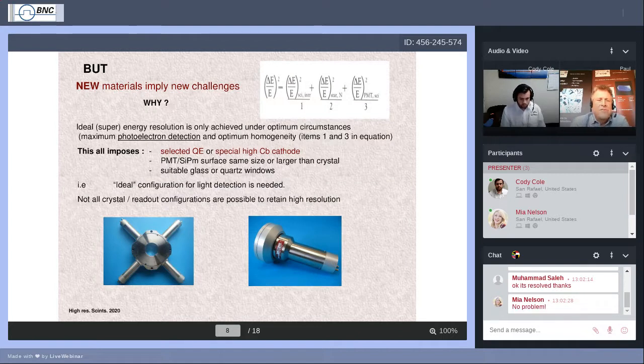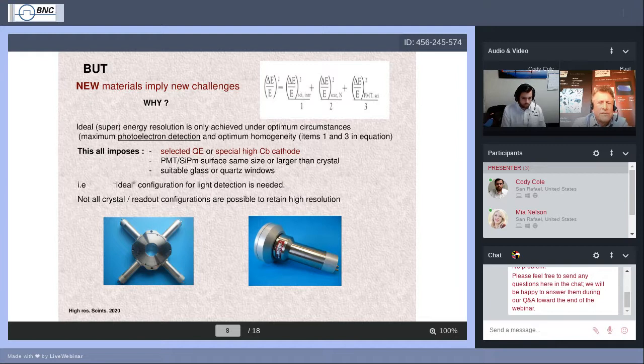Now, the interesting thing is that new materials, like these new scintillators, imply new challenges. Why is this? I'll show you the equation again. Because this ideal super energy resolution, 3–4% or sometimes even lower, is only achieved under ideal circumstances, where the maximum photoelectron detection is achieved, and the optimum homogeneity, which are terms 1 and 3 in this equation.